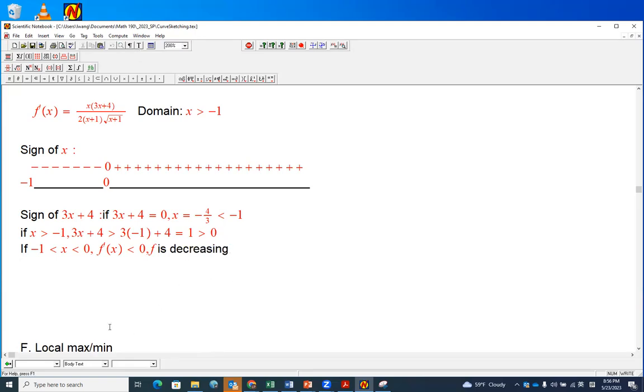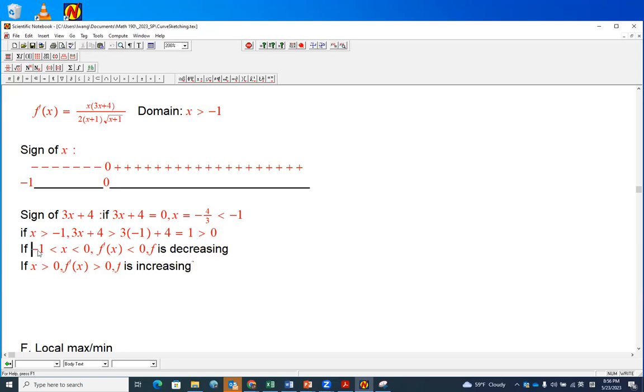If x is larger than 0, the first order derivative is positive, so f is increasing. So we got the intervals of increasing and decreasing.